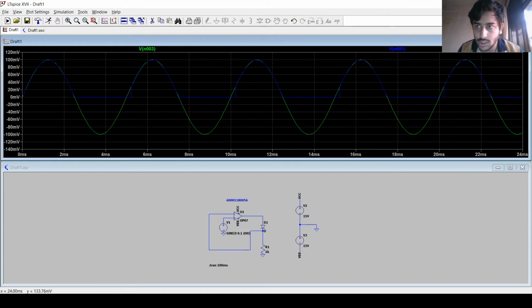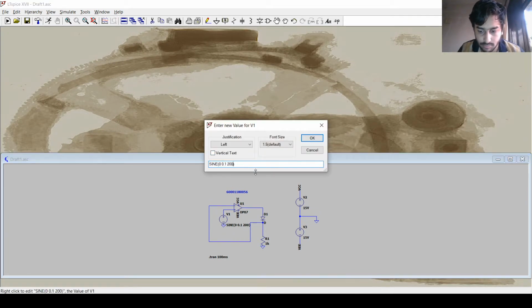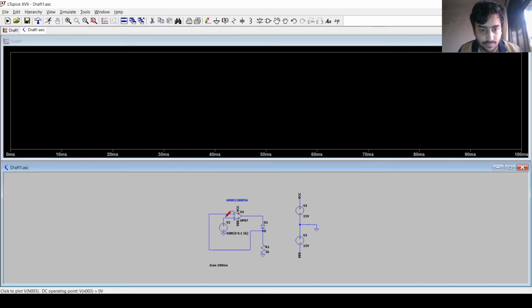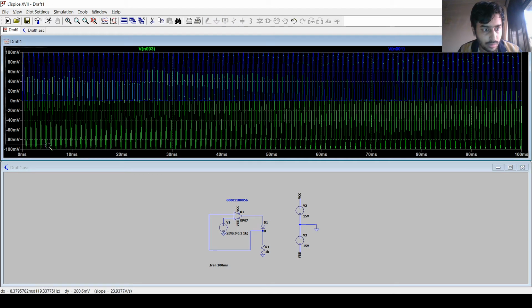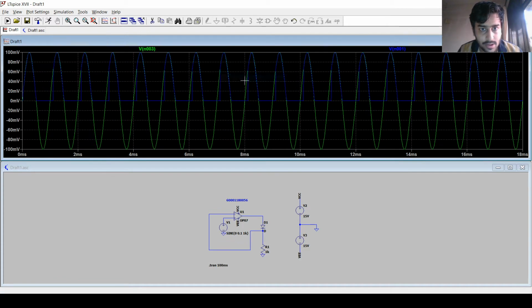Now let's move to the 1 kilohertz frequency. As you can see, the distortion increases as we increase the frequency.